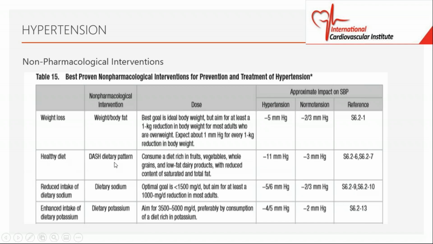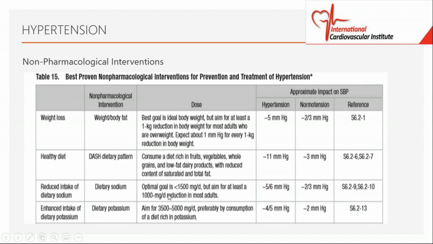And with the DASH diet, you can see the hypertensive patient has an 11 millimeter fall in blood pressure. Reduction in dietary sodium also gives you significant reduction in pressure, and dietary potassium also gives you significant reduction.